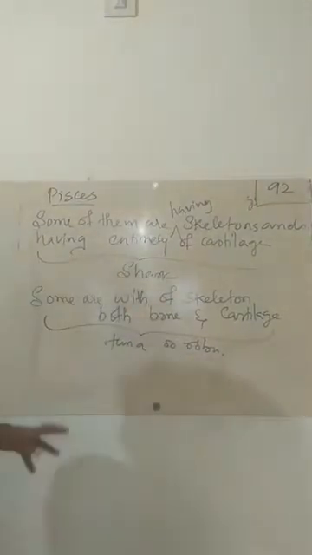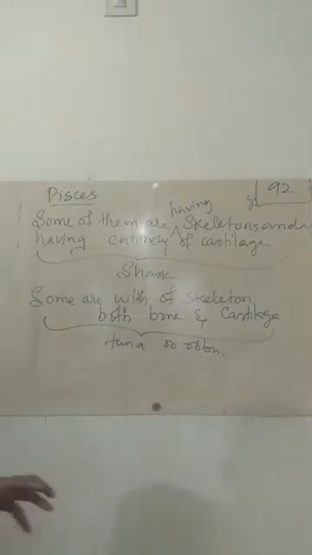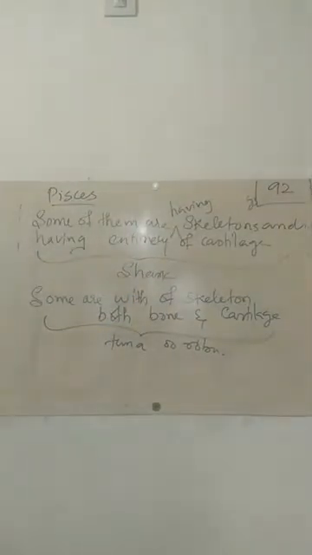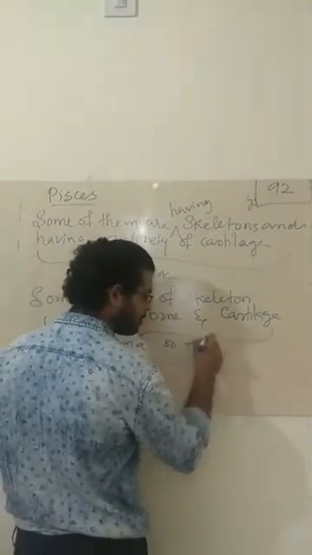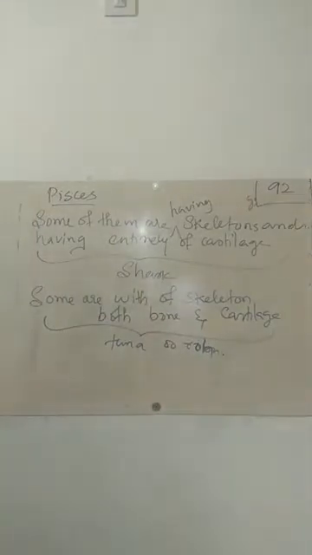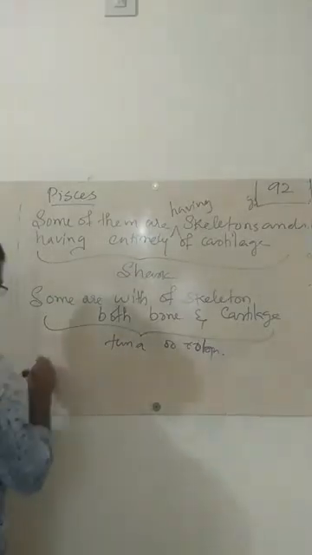And the next ones are the examples that they are giving mainly. So this is roe. They are giving this Synchiropus splendidus, that is Mandarin fish.